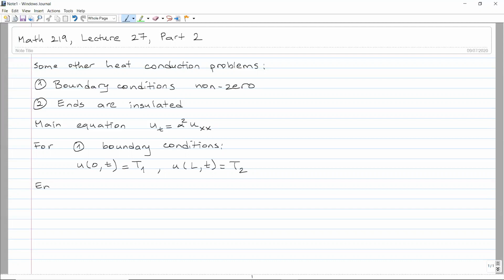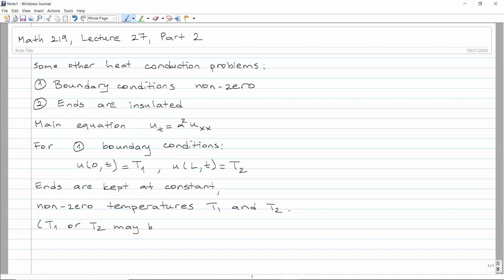So the ends are kept at constant but non-zero temperatures T1 and T2. Well, not both. When I say non-zero, not both are 0. T1 or T2 may be 0, but not both.